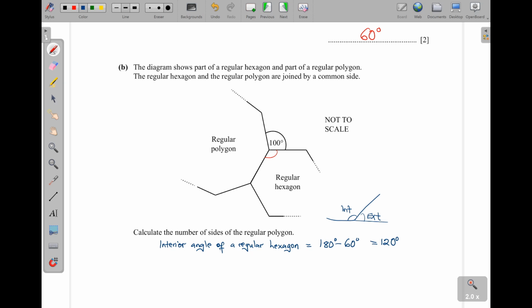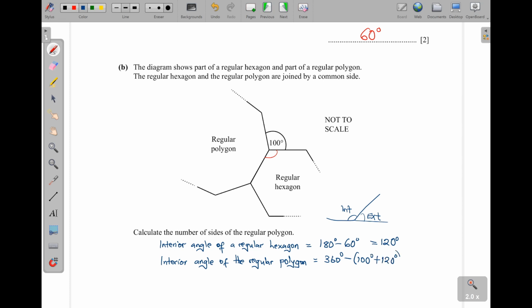Then we need now to get the interior angle of the regular polygon, whose sides we don't know. So the interior angle is going to be 360 degrees minus this 100 and also 120.